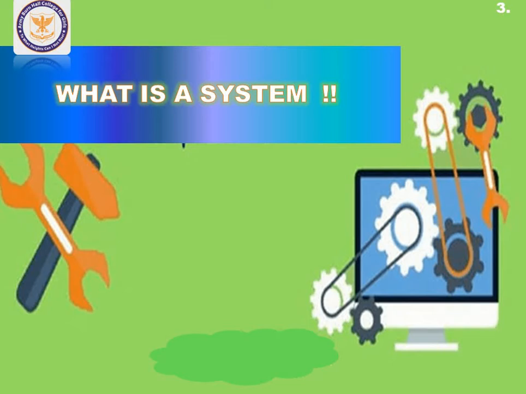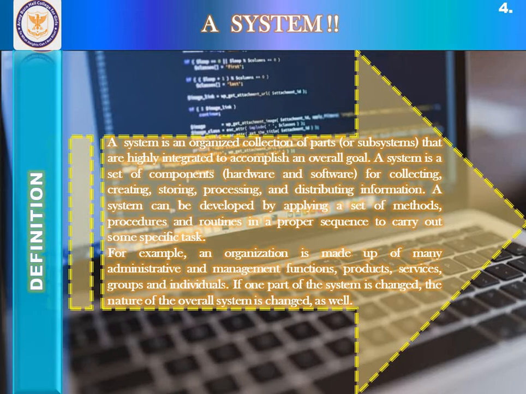cycle is, but first of all, we need to know what is basically a system. A system is an organized collection of parts or subparts that are highly integrated to accomplish an overall goal.